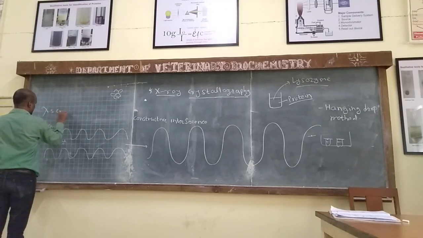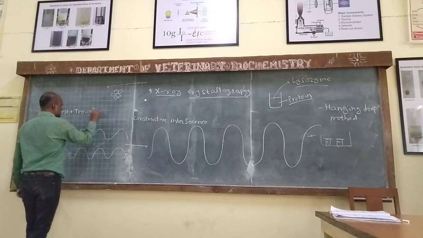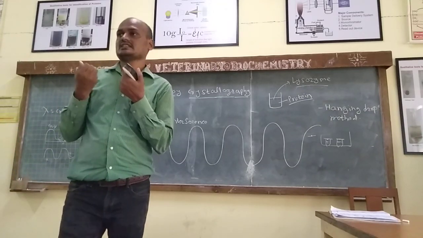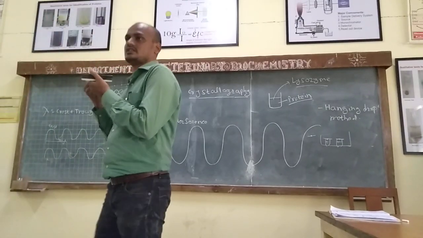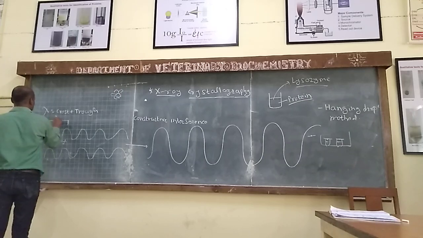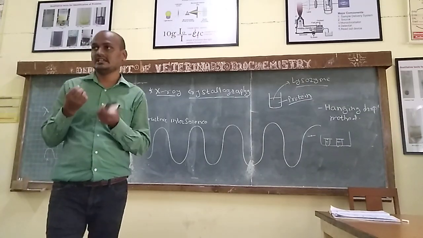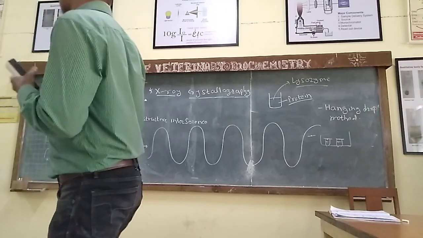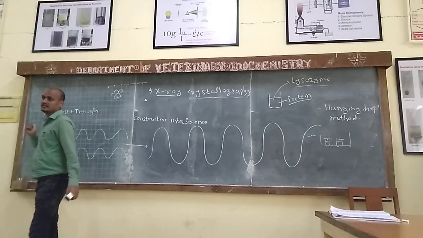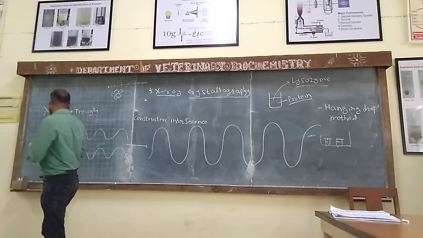Lambda is crest plus trough. When we say we are using X-rays, this lambda distance is very less, 10 raised to minus 8 to 10 raised to minus 12. So this wavelength of light we can utilize for determining the atomic structure of the molecule, right?